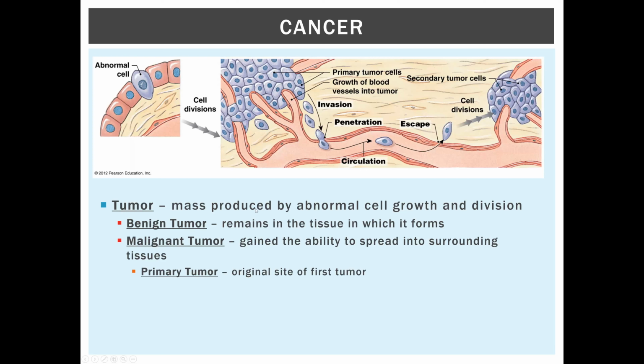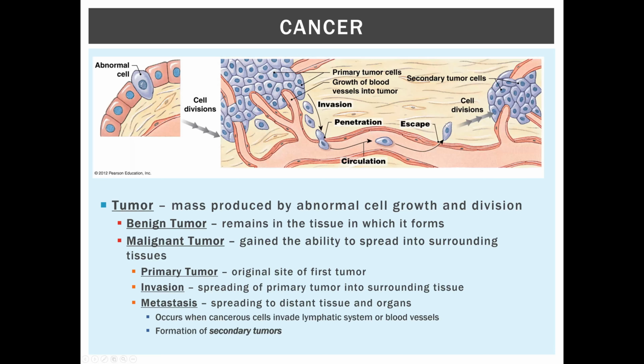In the case of malignant tumors, we have some other terminology. A primary tumor is the original site of the first tumor. So that's where the original cell turned bad and started growing. But then that original tumor can start doing what we call invasion, which is spreading out into the surrounding tissue, where it can actually jump into your bloodstream or your lymphatic system.